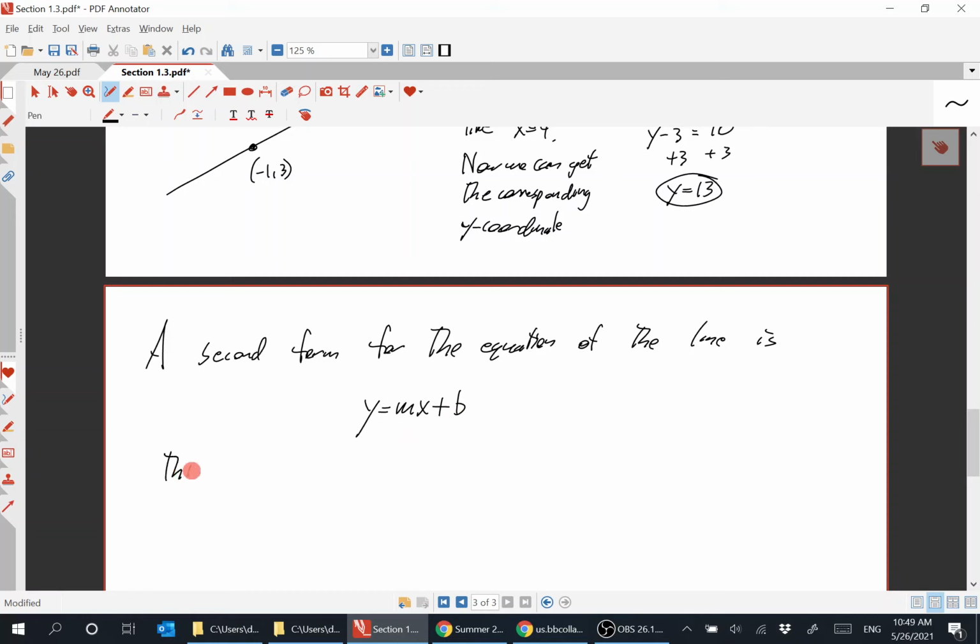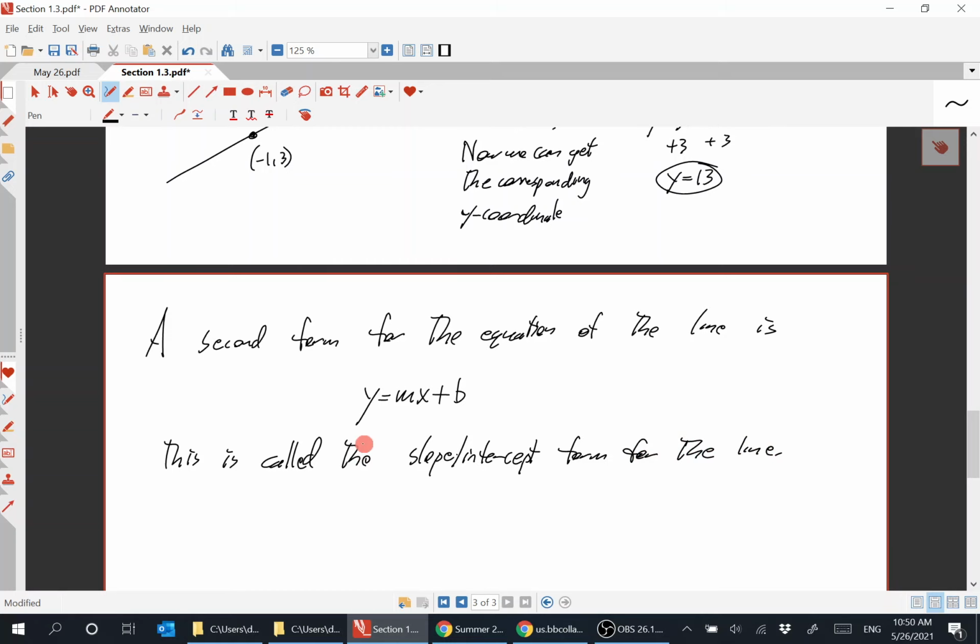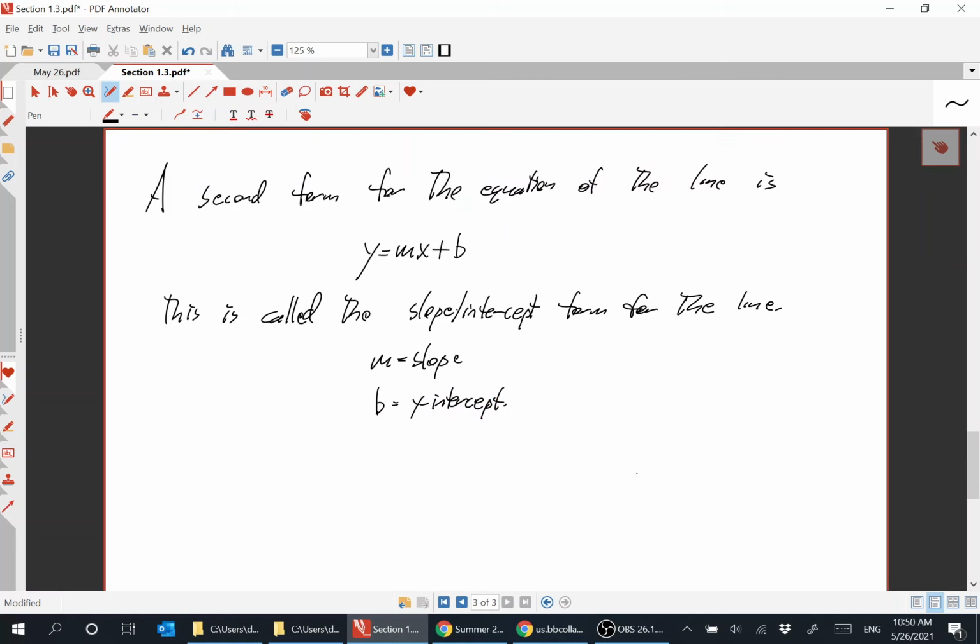This is called the slope-intercept form for the line. Okay, the m is equal to the slope, and the b is equal to the y-intercept. M is equal to the slope, b is equal to the y-intercept.